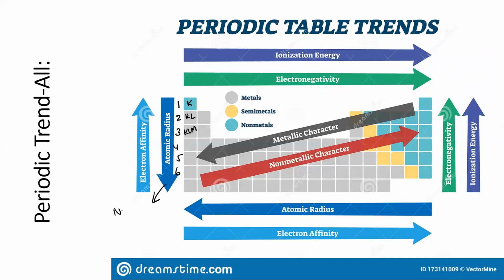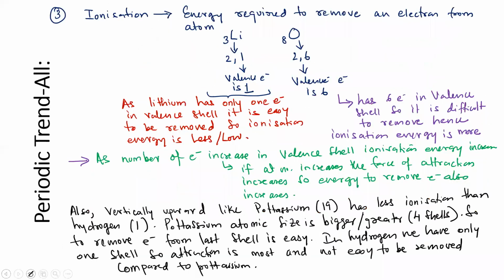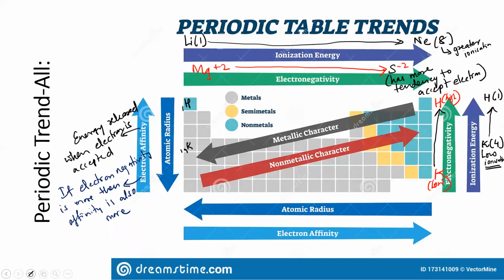Number of shells keeps increasing, so the atomic radius also increases.